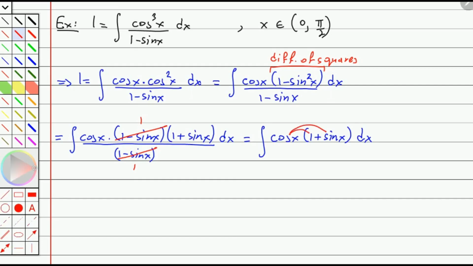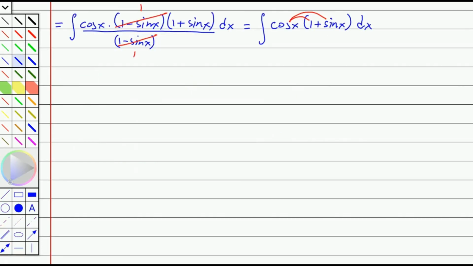That we can expand, and we are going to have the integral of cosine x plus sine x cosine x dx, that we can easily solve because this is a basic integral, and also this term is a function times its internal derivative. So we can say equals sine x plus sine squared x over 2 plus c.